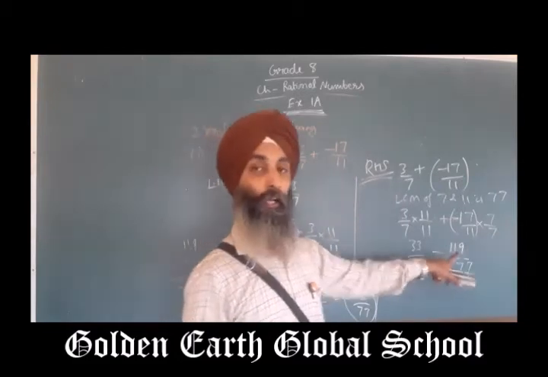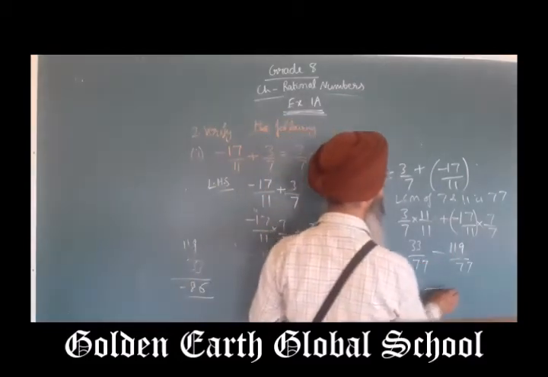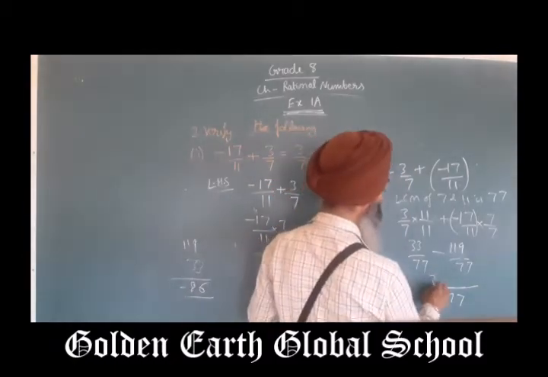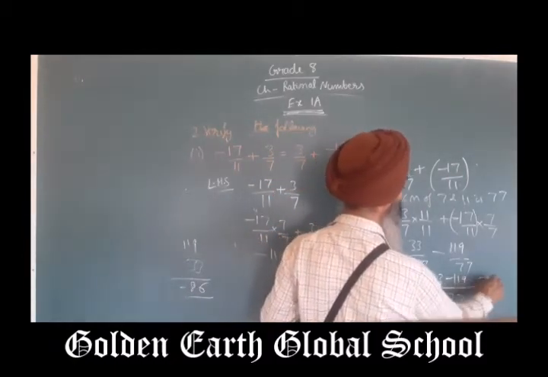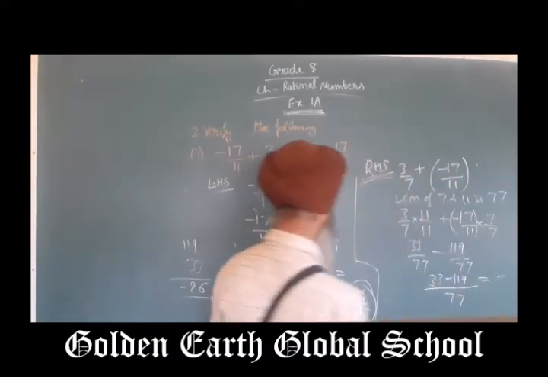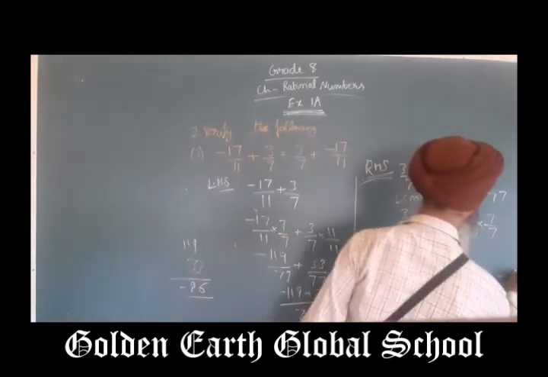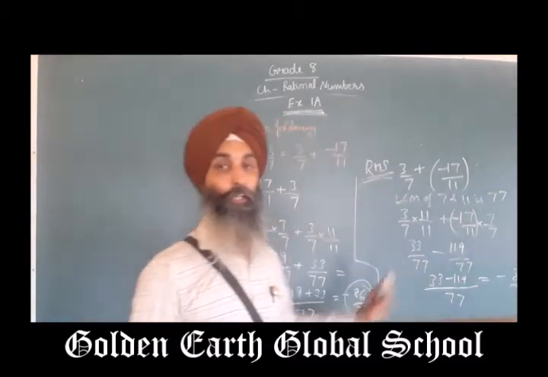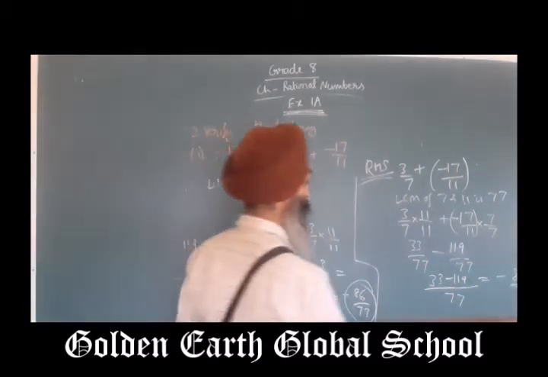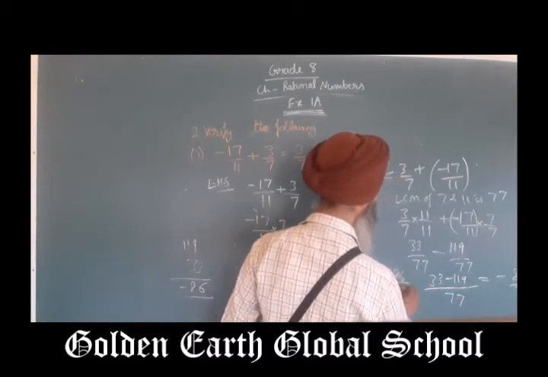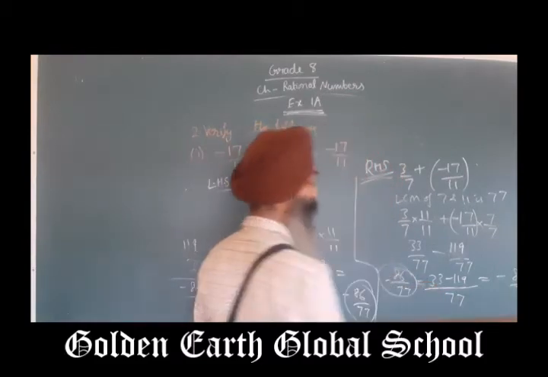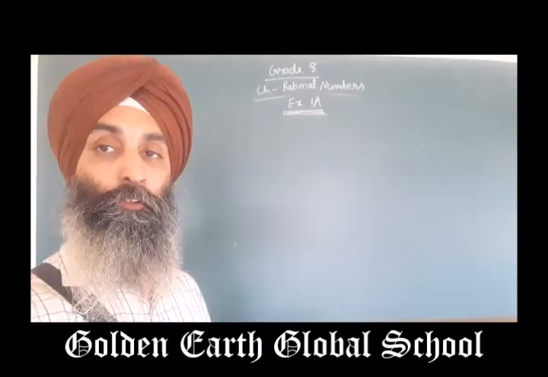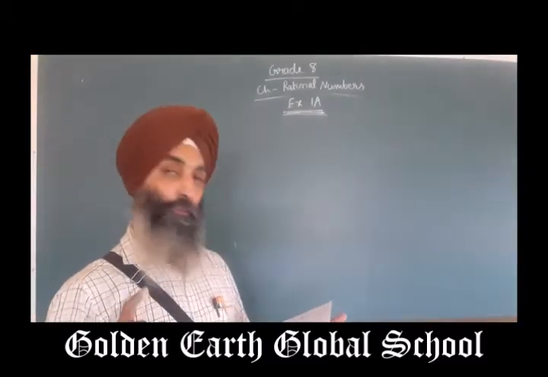Again you can see that the denominator is the same, so write it once, and it is 33 minus 119, that is equal to minus 86, because the larger one is the negative number. So your answer is minus 86 upon 77, right? So you can say that the left hand side is equal to the right hand side. The second part you can do yourself.